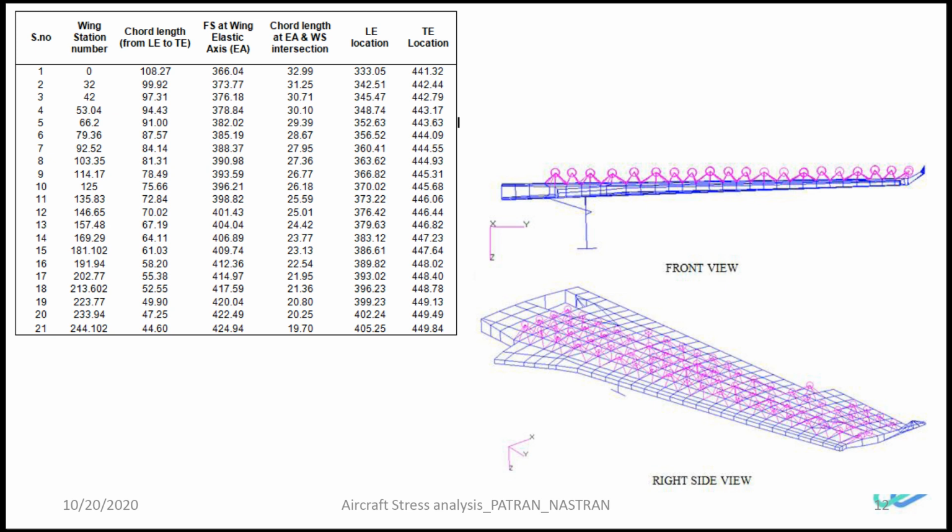So along the wing, there are various wing station numbers with respect to the rib positioning and the spars. It was a distributed load, and based on small chunks of areas, I had to convert it to the equivalent pressure load and apply it.